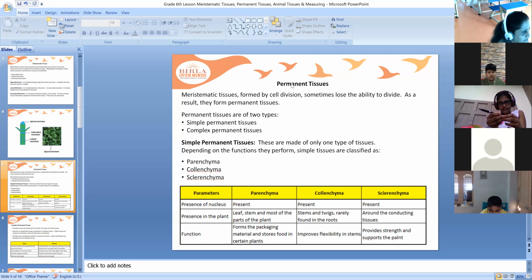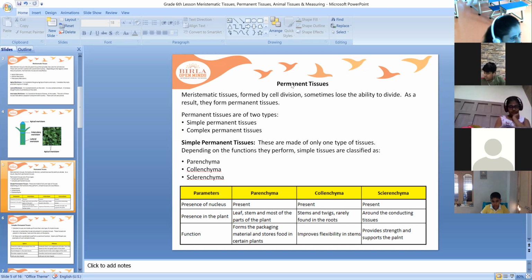Please underline this point also. Simple permanent tissues are made up of only one type of tissue. Underline it. It's really very important.